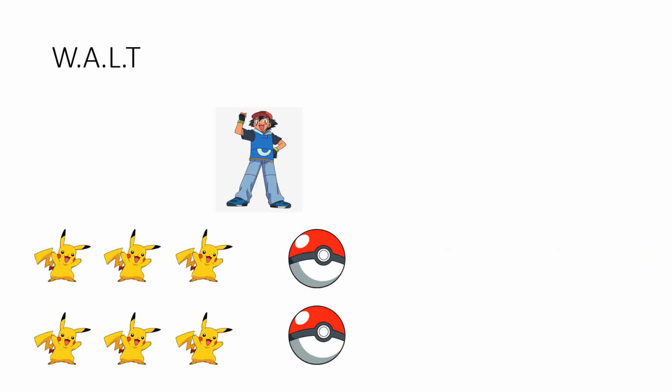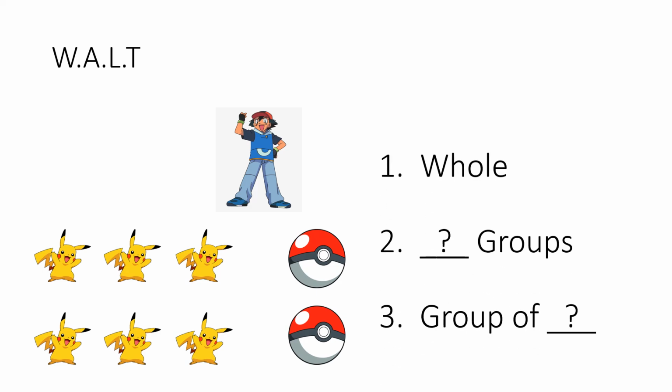First, most questions about writing a story in primary 1 level would have pictures. We have to ask ourselves, which of these items here is the whole? Is it the person? Is it the Pokemon? Is it the balls? Next, we have to figure out which of these items are the groups.